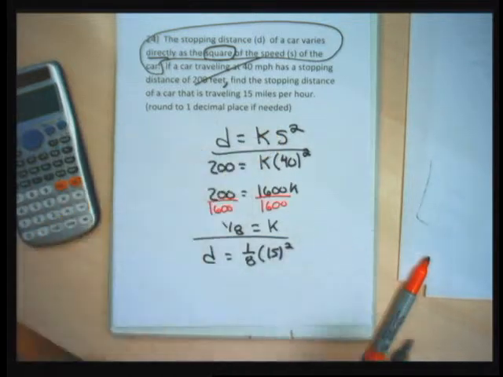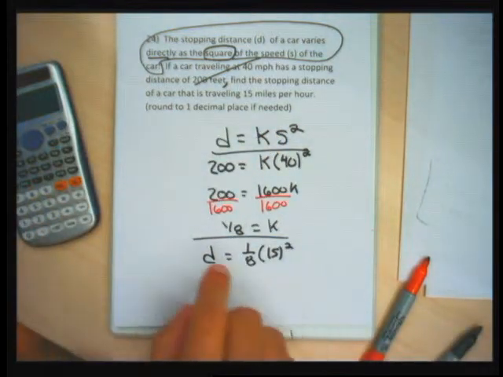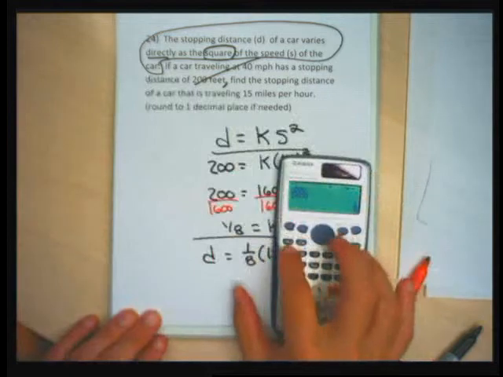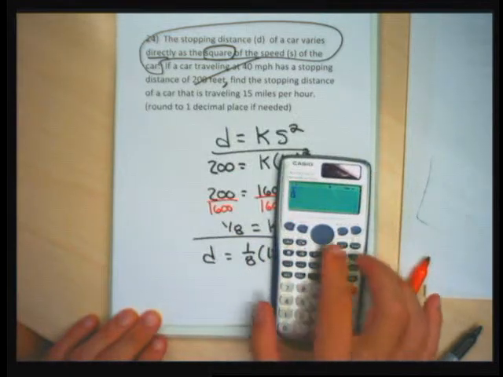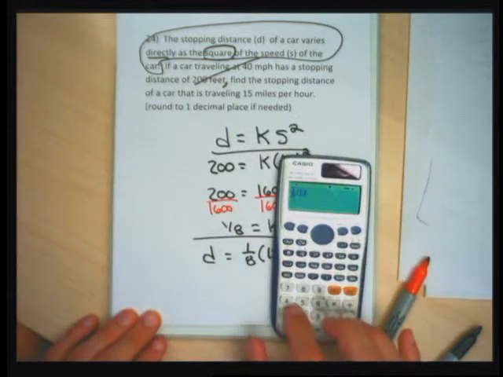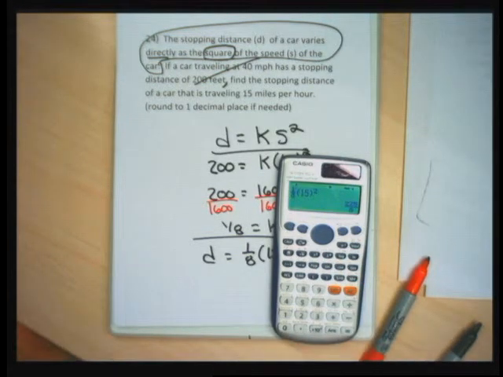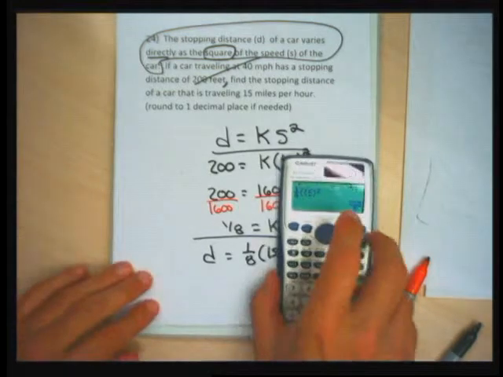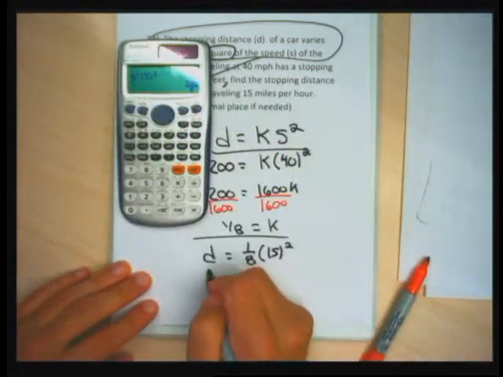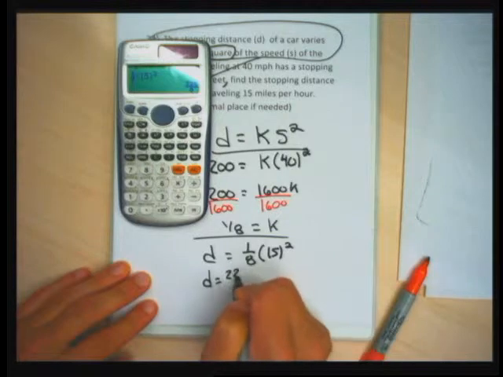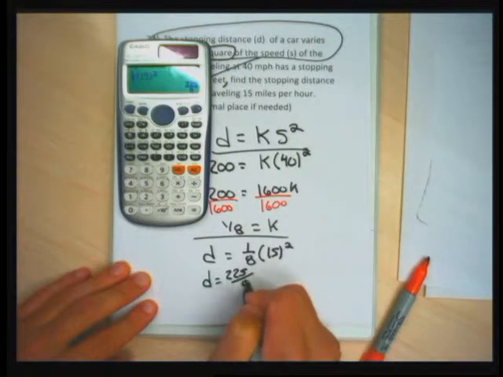This I don't care to do without my calculator. So I'm going to do this all on my calculator. So I'm going to go 1/8 for k times 15 squared, and it gives me 225 over 8 feet, and that's okay, but that doesn't really have a lot of meaning to me. But that's the stopping distance in feet.